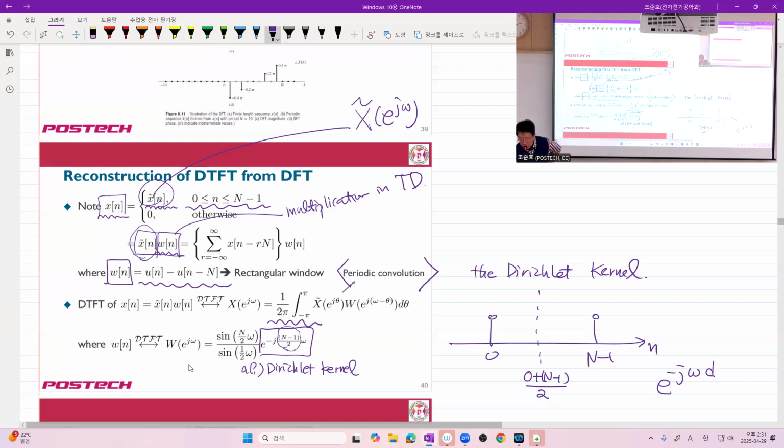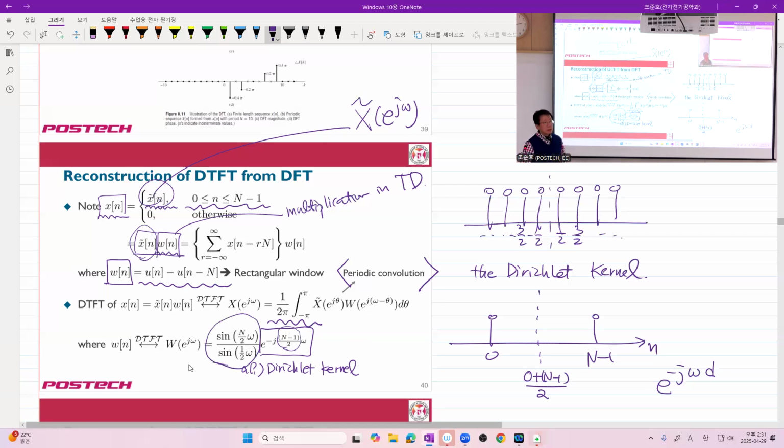So if you have some fictitious signal that does not exist actually, then you have this one. Now this is delayed so that this location has become index 0.